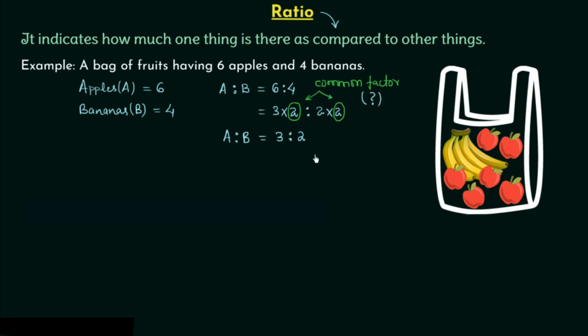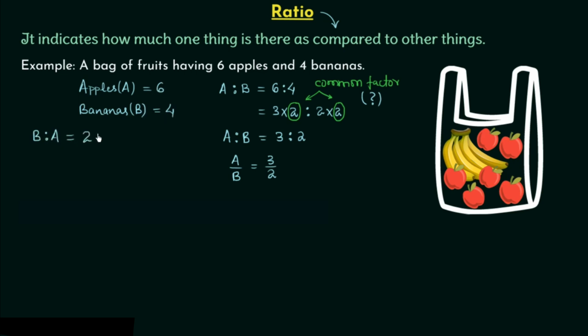Now there is one more way to represent a ratio. We can write A ratio B as A by B, and this will be equal to 3 by 2. In this way we have compared one thing, which is apple, with the other thing and represented it in these two ways. Now what if I want to compare the number of bananas with the number of apples? I will say B ratio A equal to 4 ratio 6.